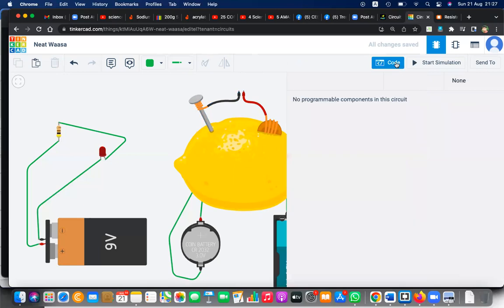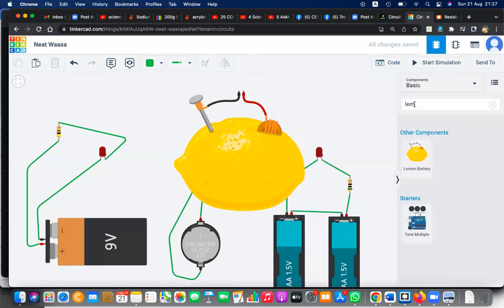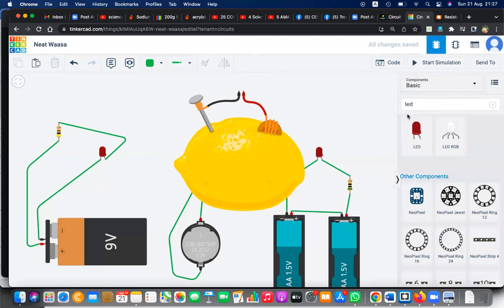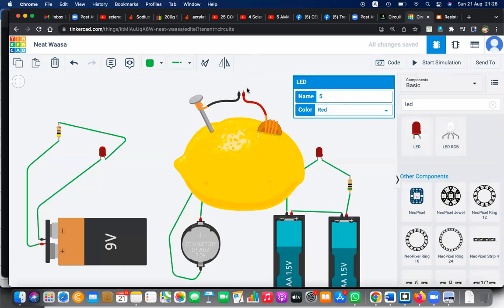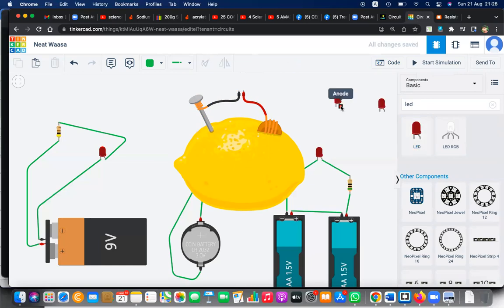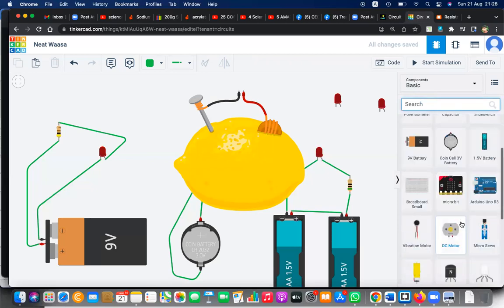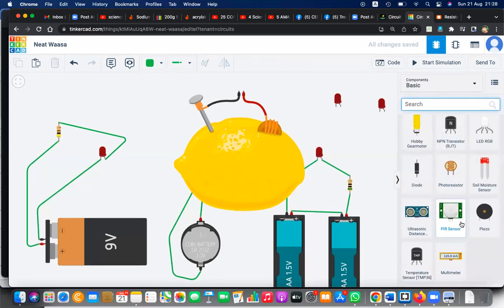Have you tried lighting an LED with it? No, sir, it doesn't light. It's not enough to light an LED, look at the current. So let's measure and see. You can use the voltmeter and milliammeter to measure. Let's measure with the multimeter.